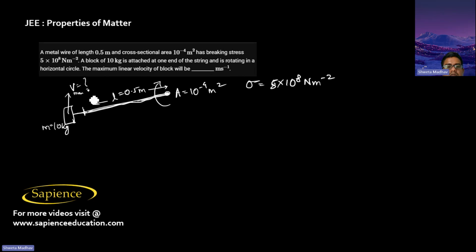The maximum linear velocity. So if we have to find the maximum linear velocity of the block, it means the breaking stress has to act on the metal wire. So therefore, here will be the tension force.